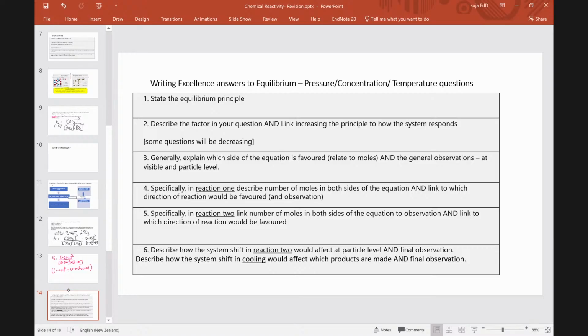And this only happens if the temperature is changed. For pressure and concentration, there is only a momentary change, till the system can readjust and reestablish the equilibrium. So you have to follow the same 6 steps to get your full excellence in an equilibrium equation.